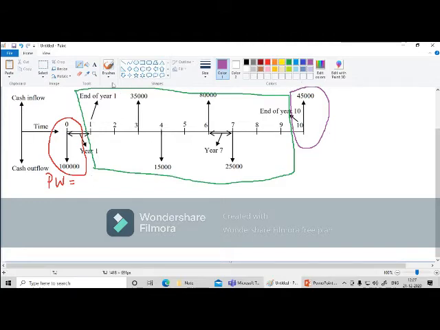So if I want to convert this complete cash flow to present state, this 1 lakh, is it outflow or inflow? It is a cash outflow. It is expenditure.